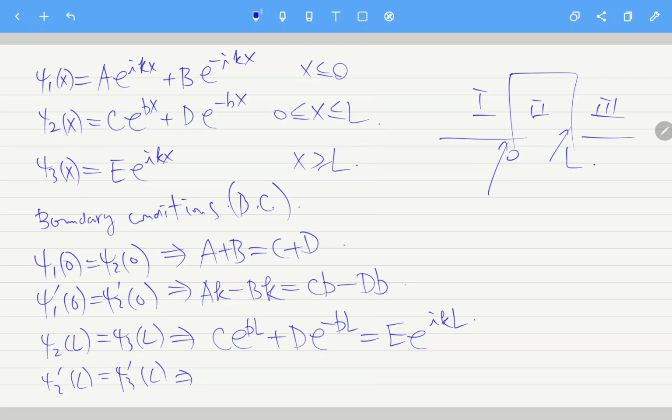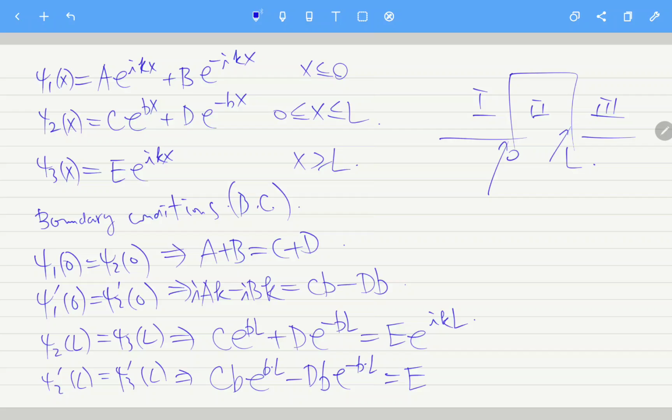And then still this one, we need to take the derivative. So we will have c times b exponential to bL minus d times b exponential to negative bL equals exponential to... I suppose I should have i here, because the i cannot be cancelled.